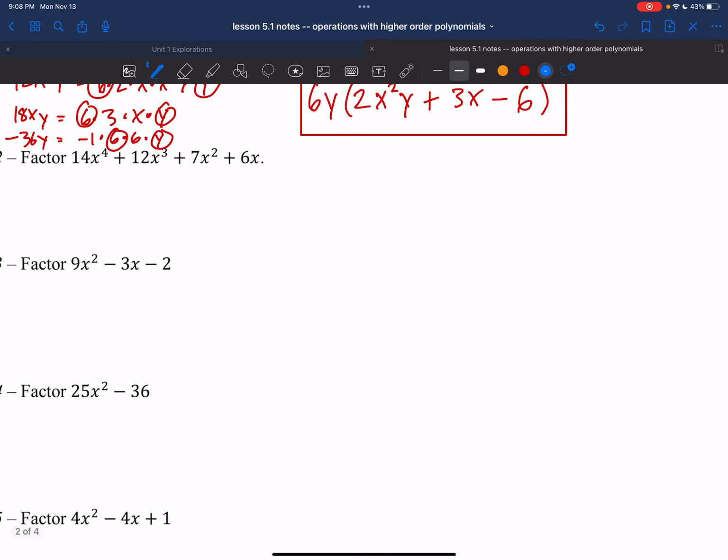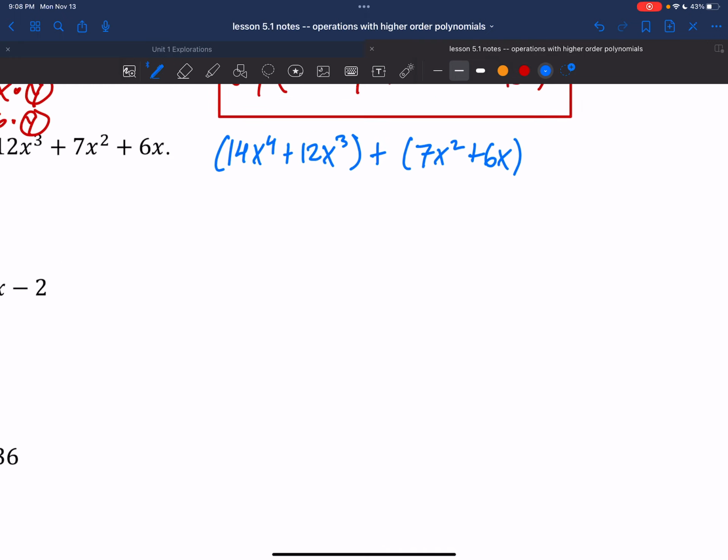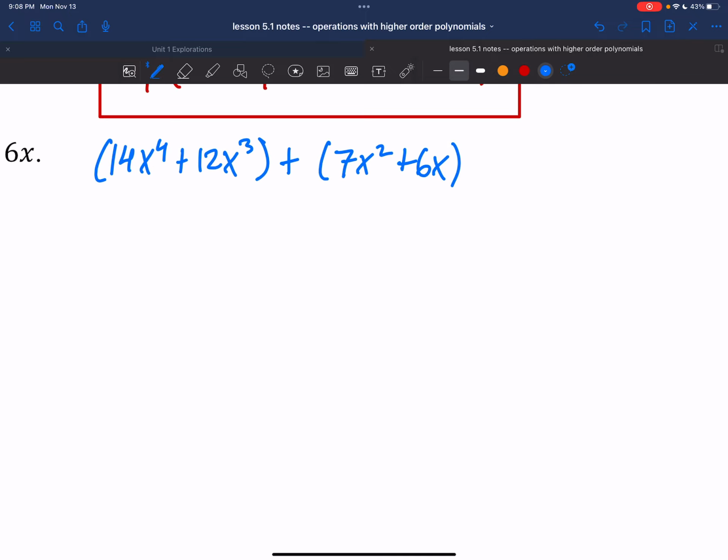I'm going to change colors here. Factoring by grouping just means you group the first two, or, well, you don't necessarily have to group the first two, but you group them in such a way that when you factor out a GCF, you see a new GCF. I'm going to zoom in here.